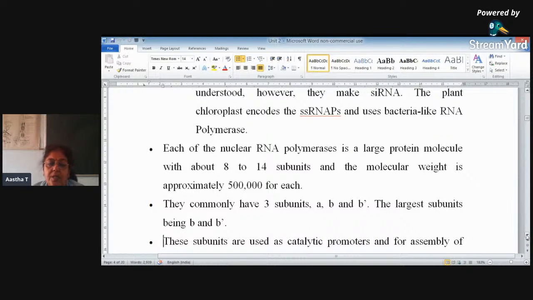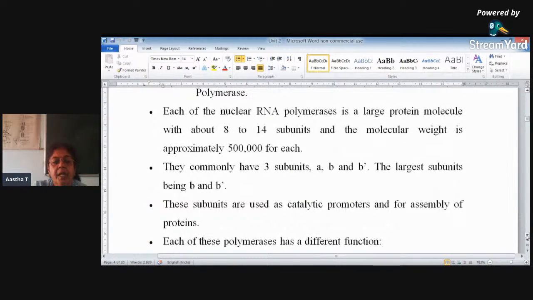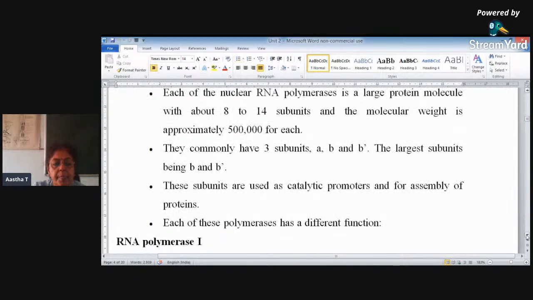The 3 major subunits are A, B and B prime, and B and B prime are larger compared to A. These are used as catalytic promoters and for assembly of proteins. So they will collect all the proteins which are involved in the transcription.